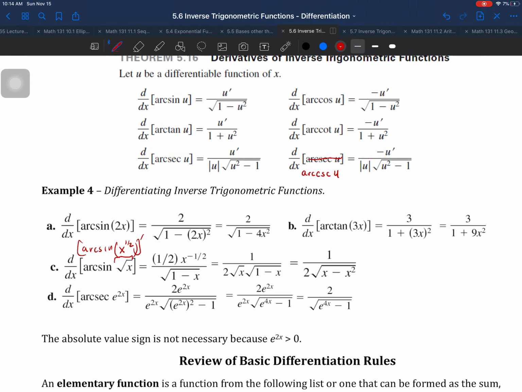Perfect. Okay, so that's supposed to be our cosecant, and so the secant is this one.